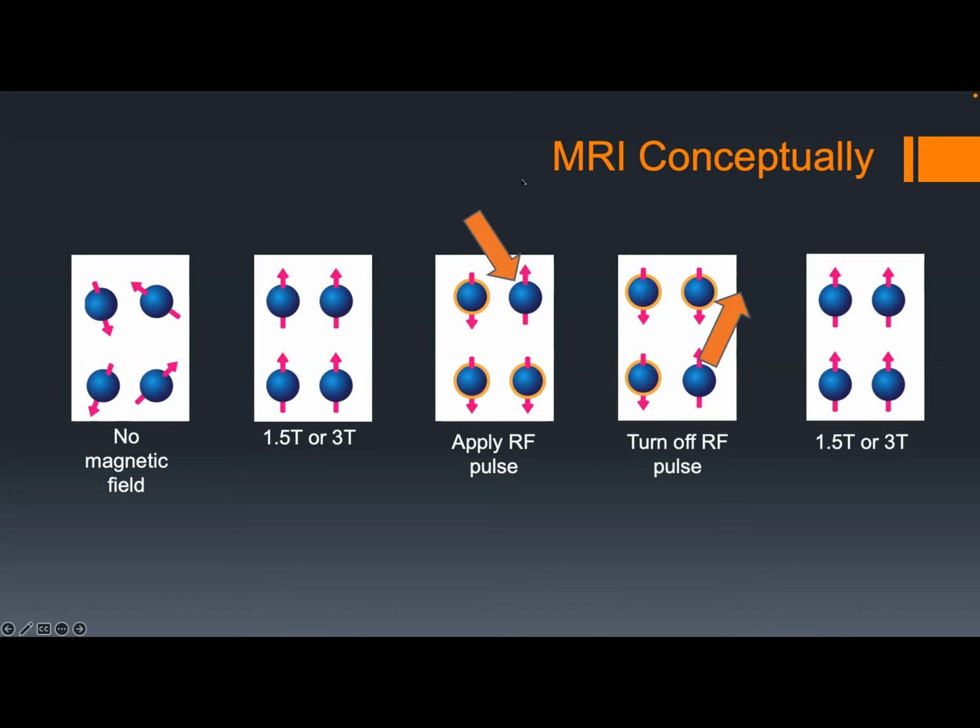And then when you turn off the RF pulse, the spins return back to how they were, and they want to align back with the magnetic field that was applied. When you do that, that change in spin releases information that the MR machine is able to read out or listen to.